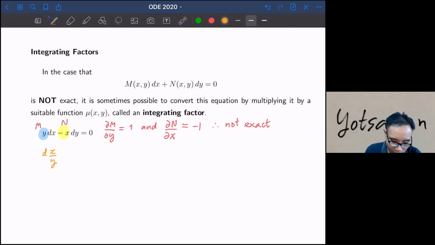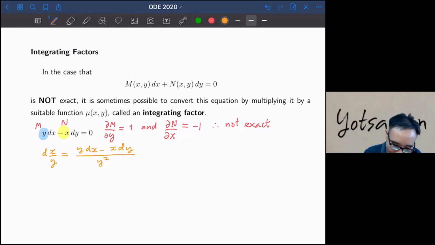However, the quotient rule has to be over the bottom squared. So this one looks like the quotient rule, but it's not yet because you don't have the bottom squared.